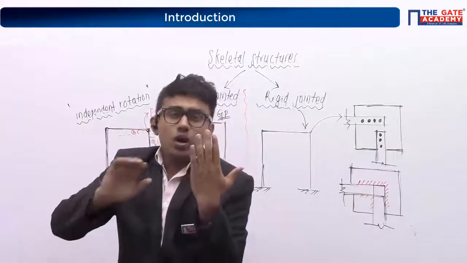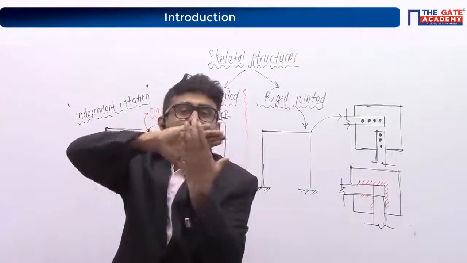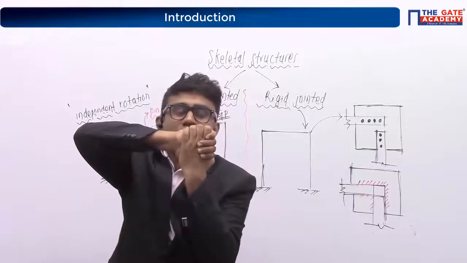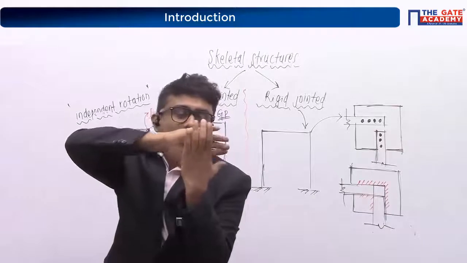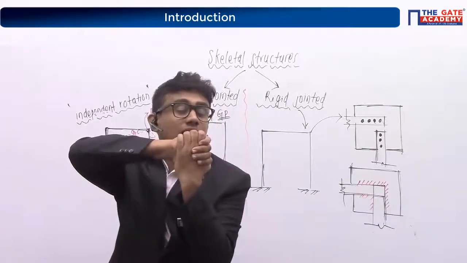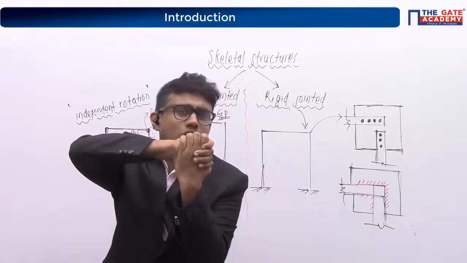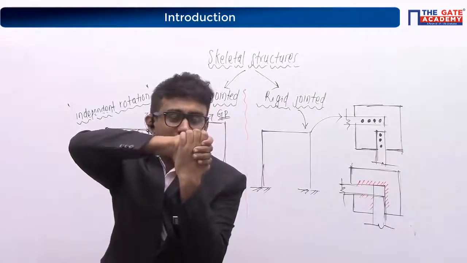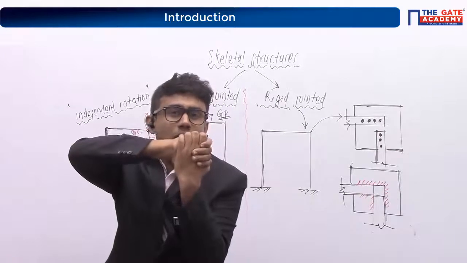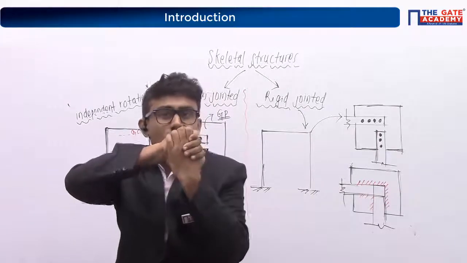But coming to our rigid joint, one member will be connected to the other member. There is a perfect bond between these two members, or the joint here is perfectly rigid. Suppose some bending moment or some rotation is happening at this joint, what will happen? The entire joint, with all the members meeting at that joint, is going to rotate together.